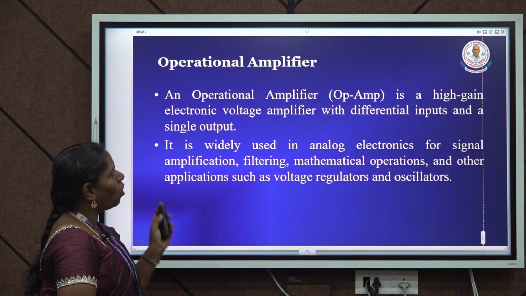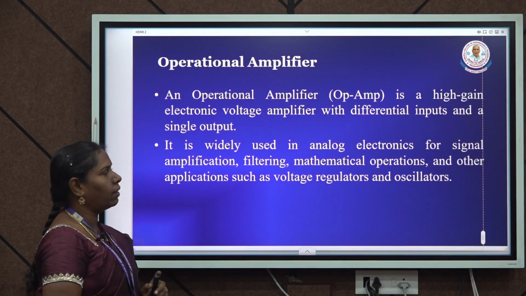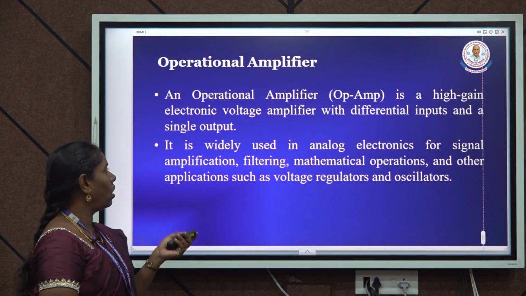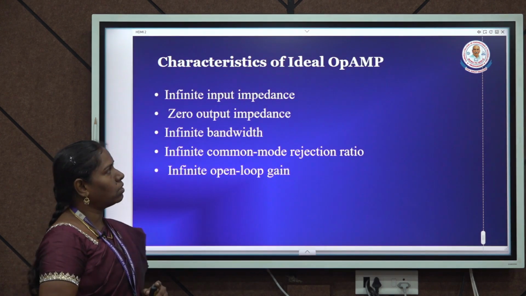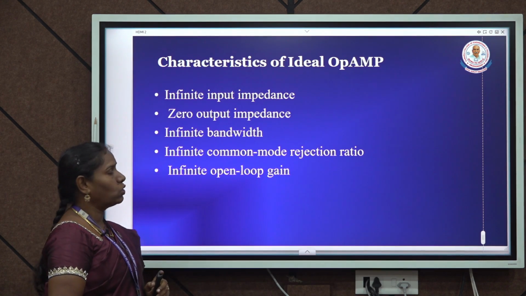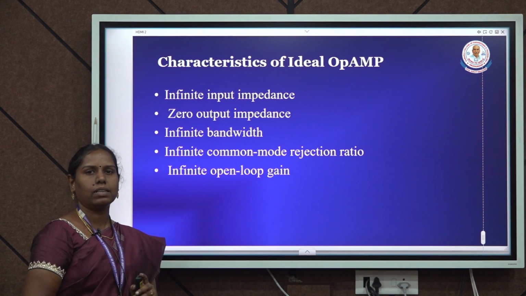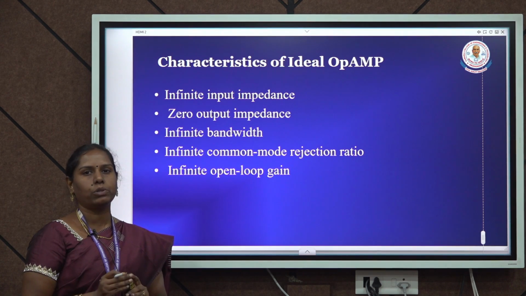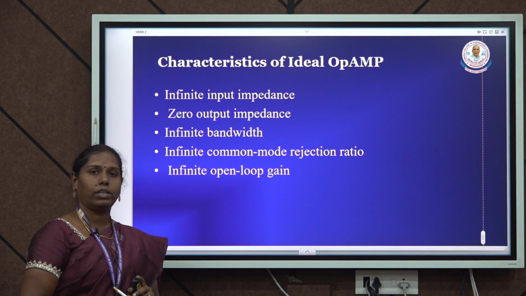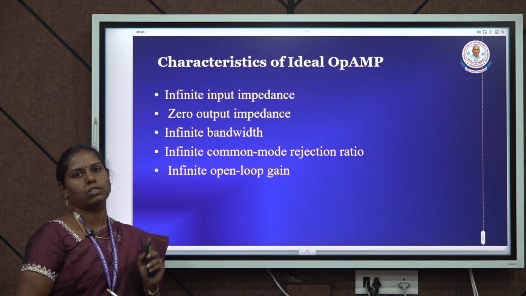We can describe an operational amplifier as a high gain electronic voltage amplifier with differential inputs and one single output. The characteristics of an ideal operational amplifier: it has infinite input impedance, which means it does not draw any current at the input terminals. The output impedance is 0, which means the voltage drop across the output terminal is 0.